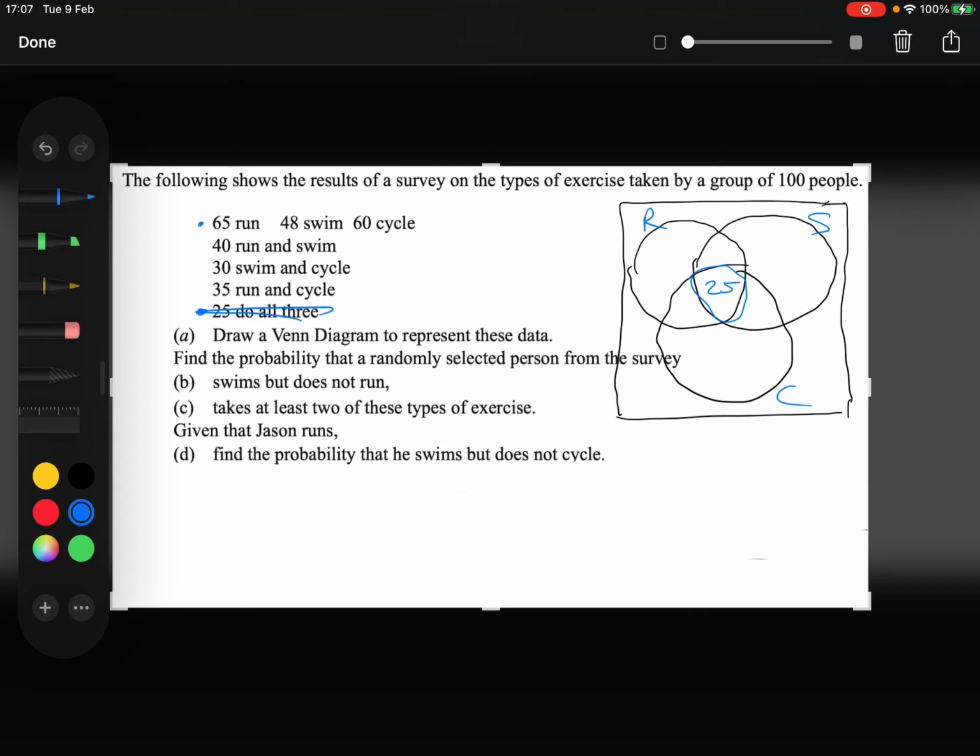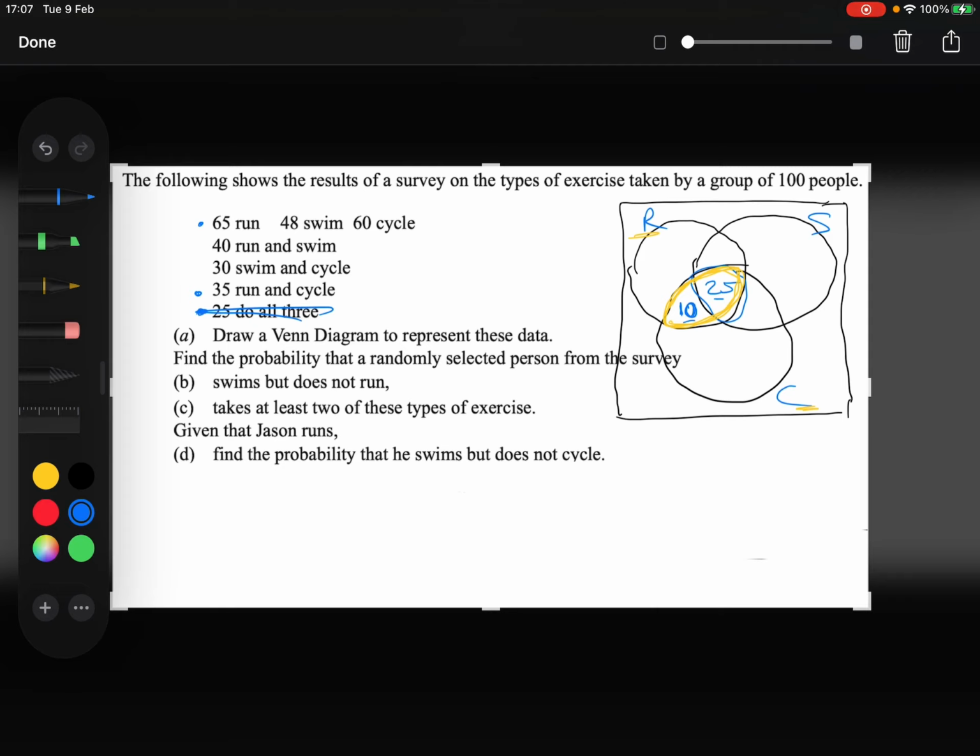Now we know that 35 people run and cycle. So the run and cycle region of this is this. This part here represents the running and cycling. So we know that there's 35 people in this bit. And given that there were 25 here, that must mean that there are 10 people in there, because the 10 and the 25 add up to 35.